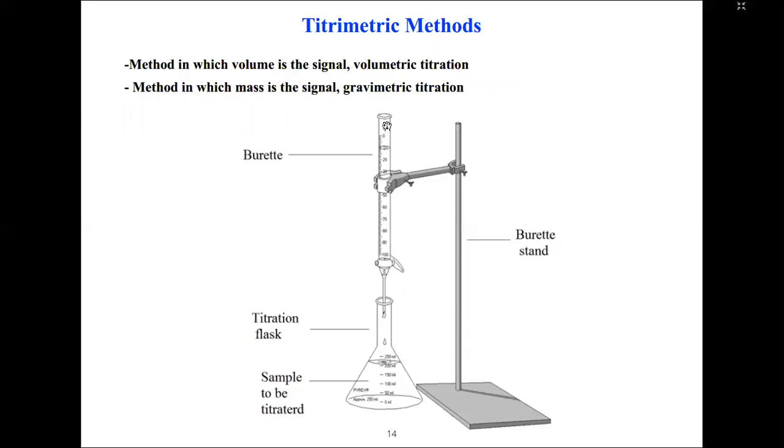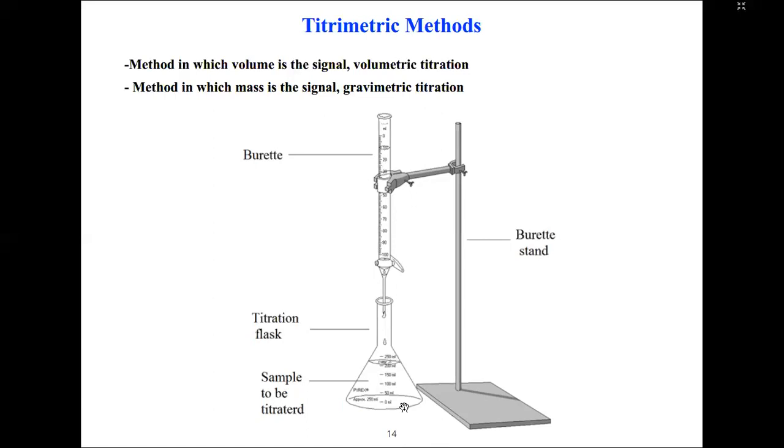The burette has levels in milliliters: 0, 1, 10, 20, 30, up to 100. So this burette is a 100 milliliter burette. The burette has a long neck through which the solution in the burette comes out into the conical flask.